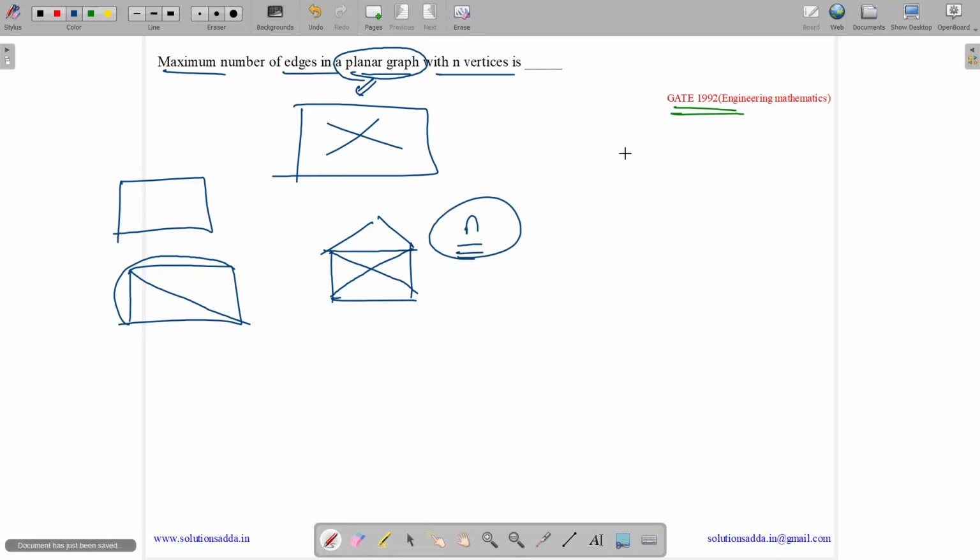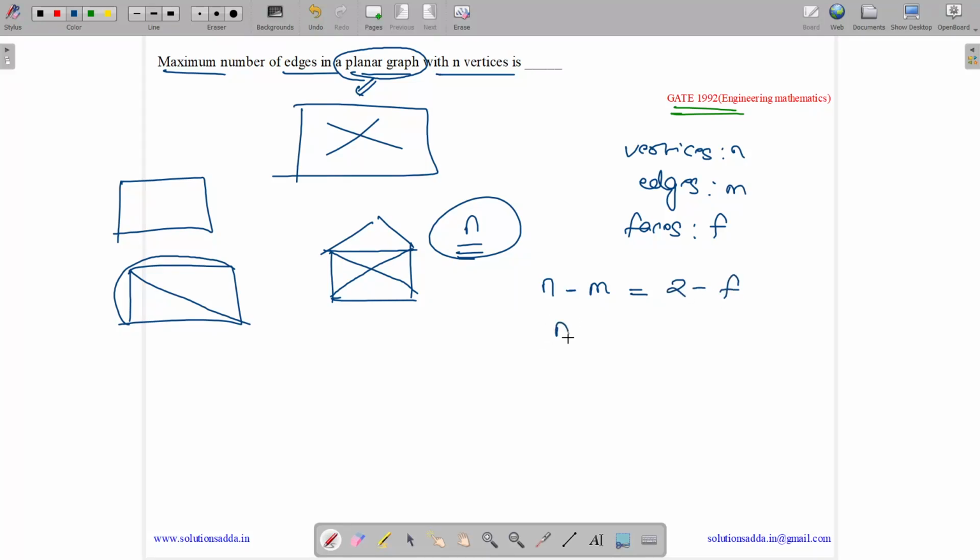So assume that the number of vertices is n, the number of edges is m, and the number of faces is f. So we have the Euler formula which says the number of vertices minus the number of edges equals 2 minus the number of faces, or we can write it as n minus m plus f equals 2.